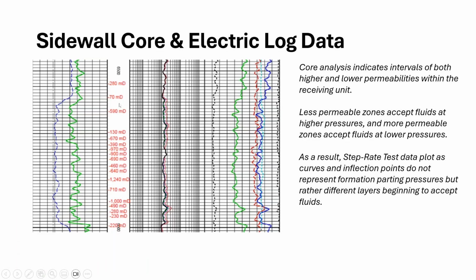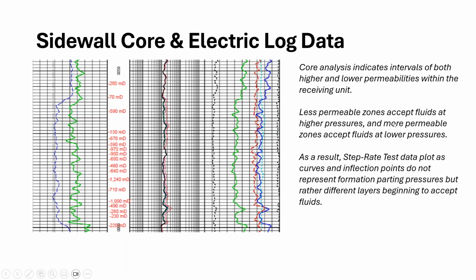Here we've taken a sidewall core and combined that with a typical triple combo log, and we can see multiple instances of variable permeability. The core analysis is aligned here with our log, and it indicates that as you go deeper, there are intervals of both higher and lower permeability within the unit.